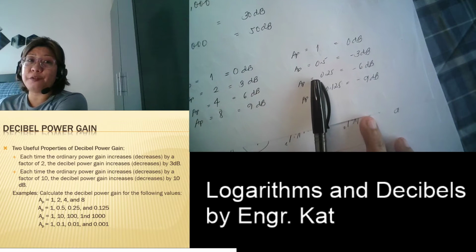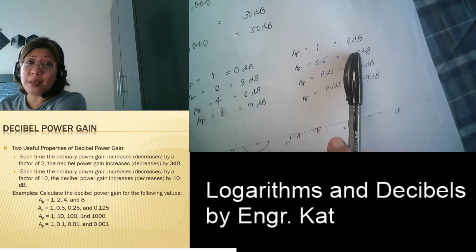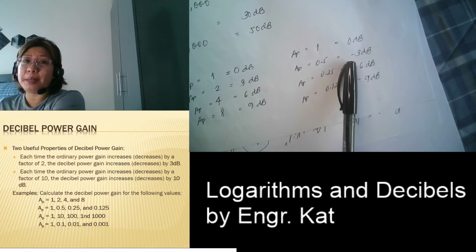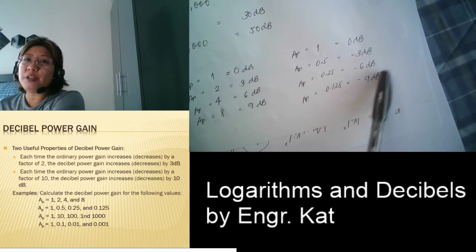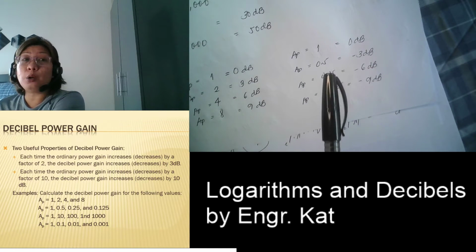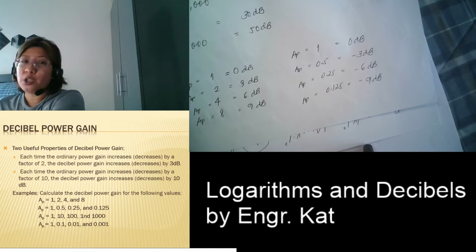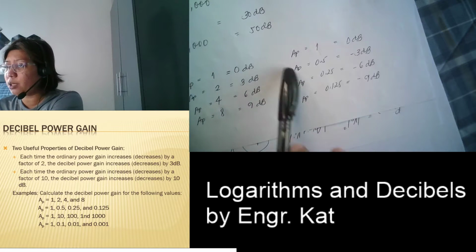Likewise, if you are dividing by 2, you get the same 3, but this time with a negative sign. When you have a negative sign, that means the output, or the numerator, is less than the denominator. In the previous case, the numerator is greater than the denominator because you have a gain.